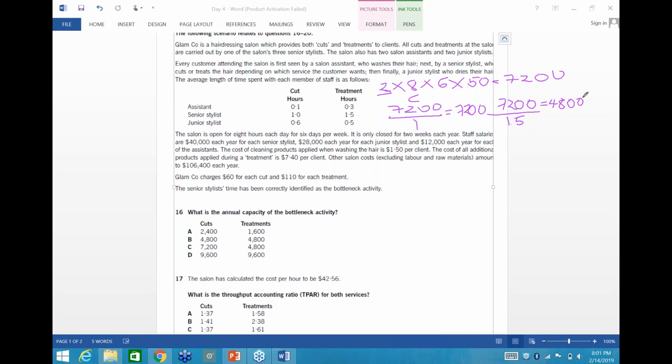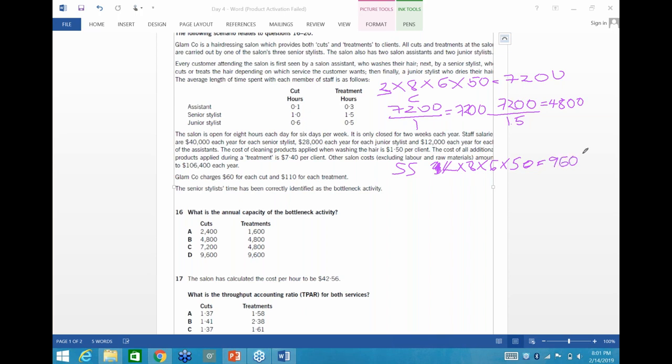So what they're saying is, what if we have 4 senior stylists now? 4 into 8 into 6 into 50 gives me 9,600.